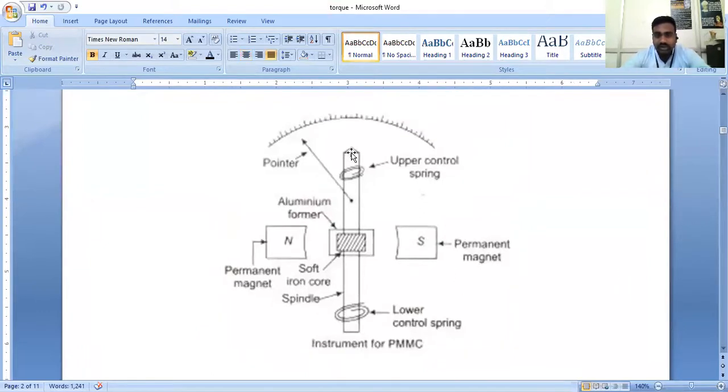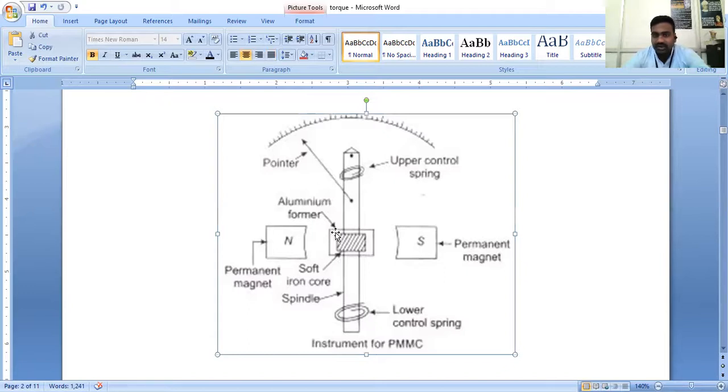According to Faraday's law of electromagnetic induction, that force is nothing but the torque we are talking about. So the conductor will start rotating. What I have done is connect a pointer.